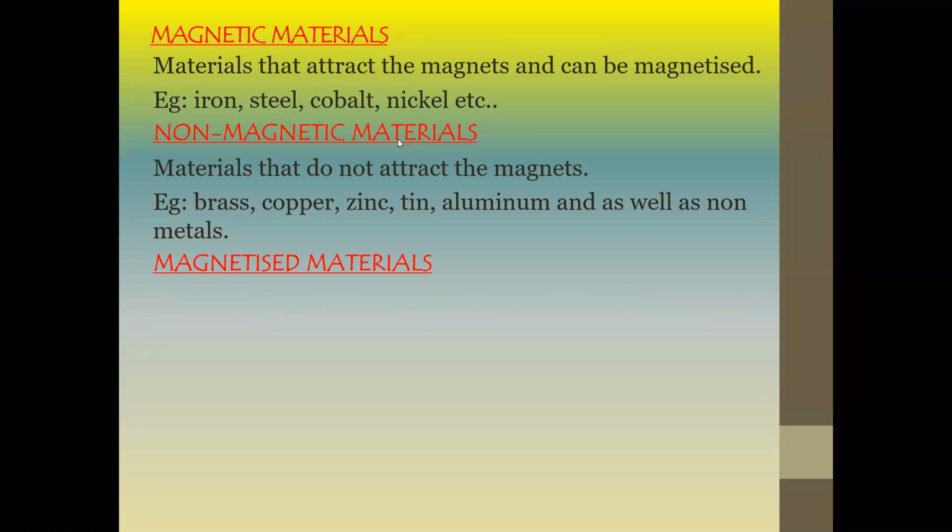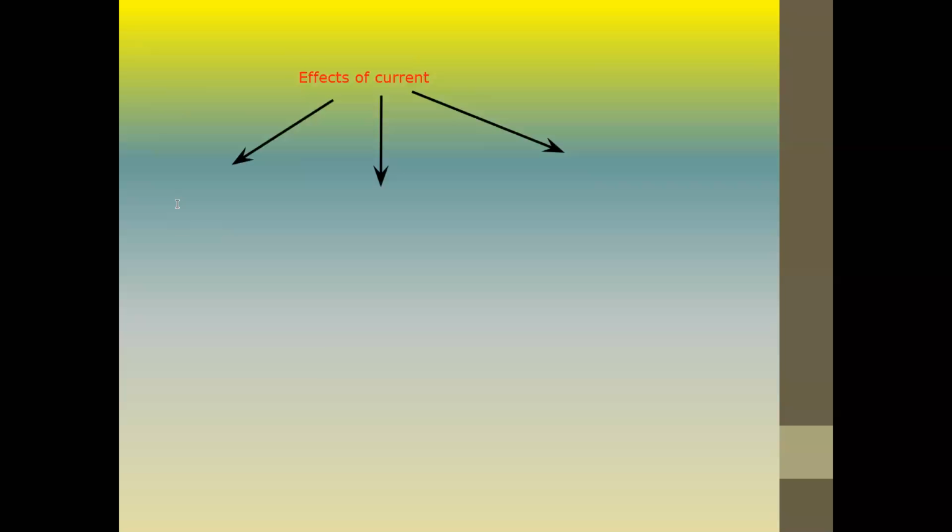Now look, what are the effects of the current when we pass the current through a wire? When the current is passing, it is very common. For example, if you are charging your mobile phone, after some time you find that the charger or the mobile is hot or its temperature increases.